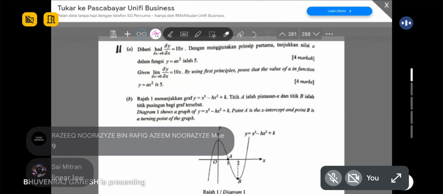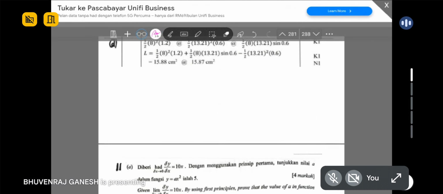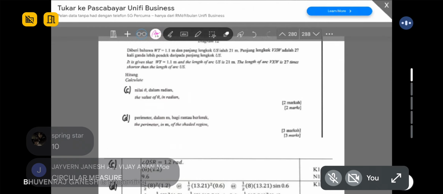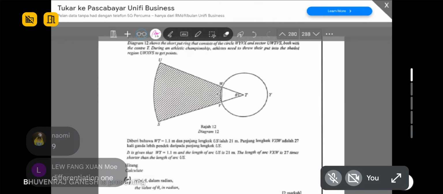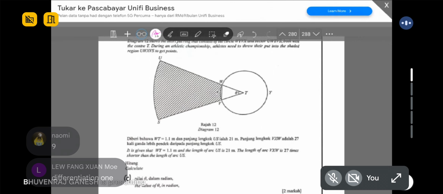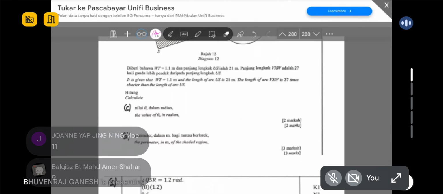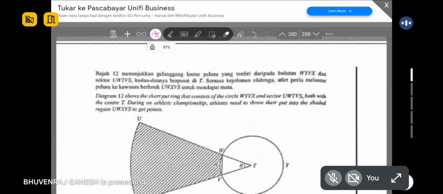Which number do you want me to discuss? Okay, 9 the same. 2 more. 9 is coordinate geometry. 10, okay, one more. 8 or 11? Linear law. I see the majority, guys. So far 1, the same. 11. So you guys want 9, 10, 11. Linear law is not needed. 9, 10, 11.